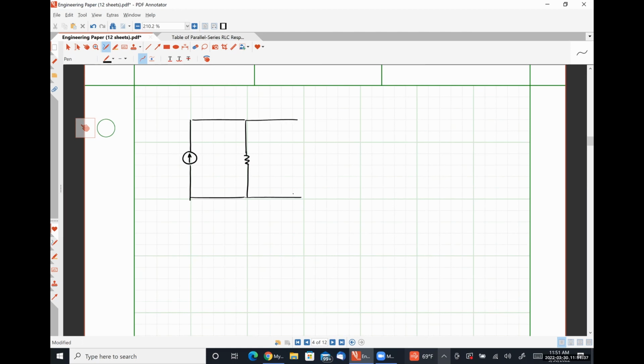And then I'm going to just redraw the rest of my circuit, and then we'll talk about what exactly goes on there.